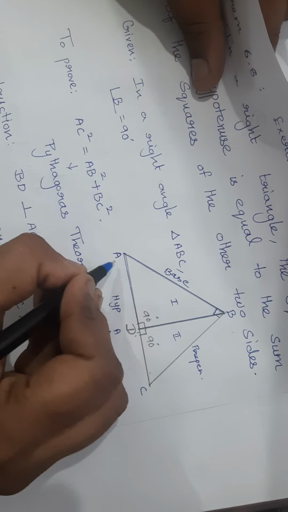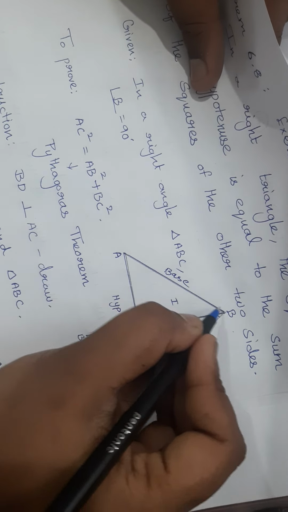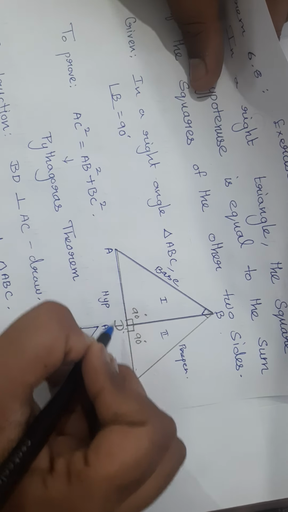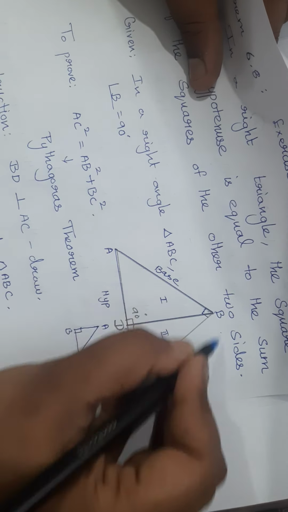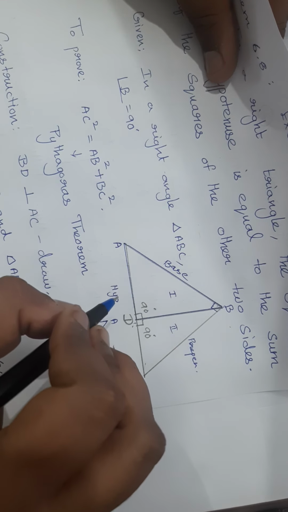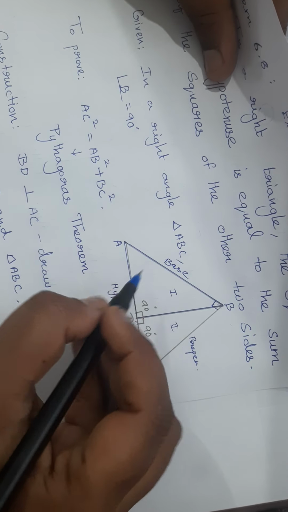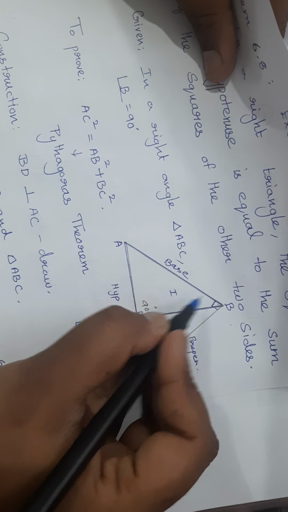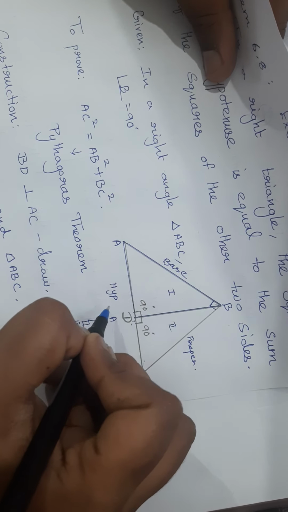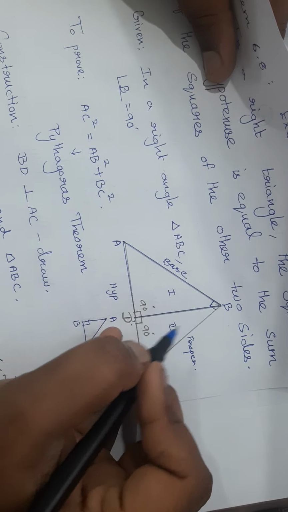That means AD upon AB. Sorry, for this triangle AD is the base. For the whole triangle AC is the base. Okay, what is the hypotenuse? What is the base? AD is the base divided by AB.